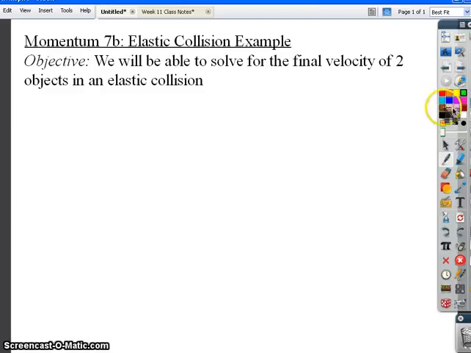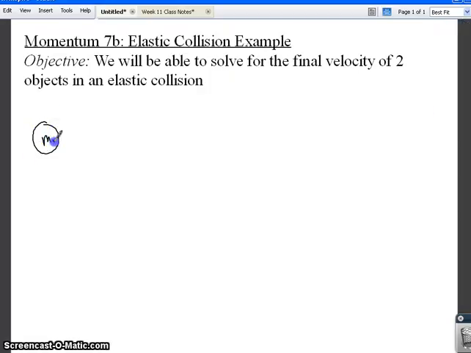Okay, so we have an elastic collision. It is going to be a collision between two objects, M1 and M2. This first object is moving at a speed of 5 meters per second, and it weighs 0.250 kilograms.